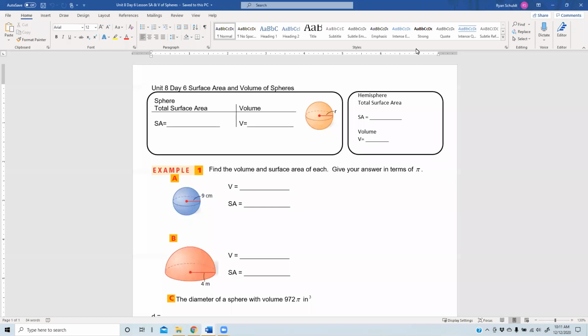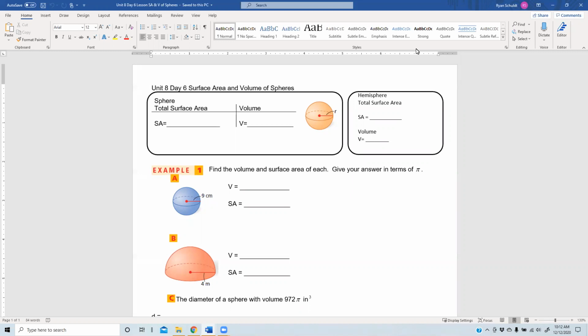Okay, we're on to the last day of new material for Unit 8. The last shape that we're going to talk about as far as 3D shapes go is the sphere. Now, you'll notice that for a sphere, there's not three formulas. There's only total surface area and volume.